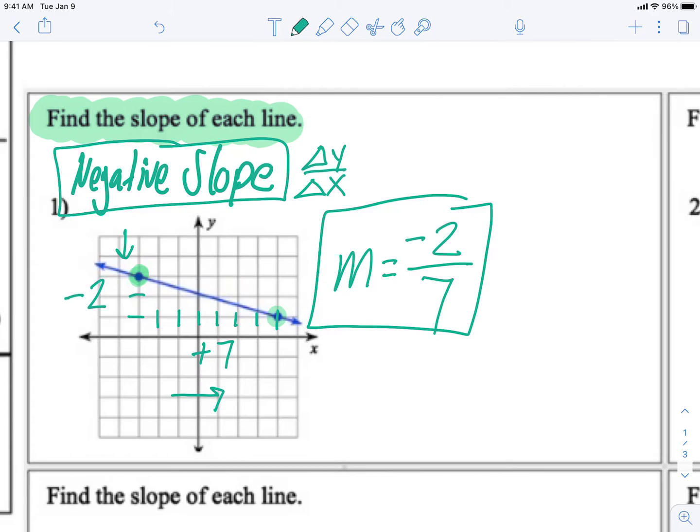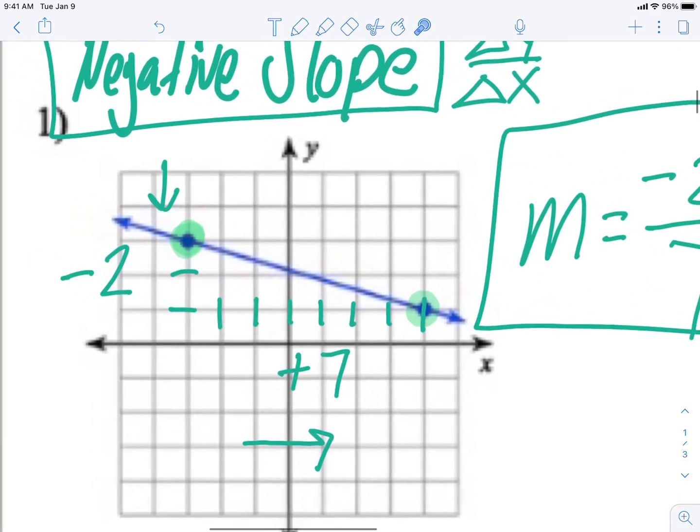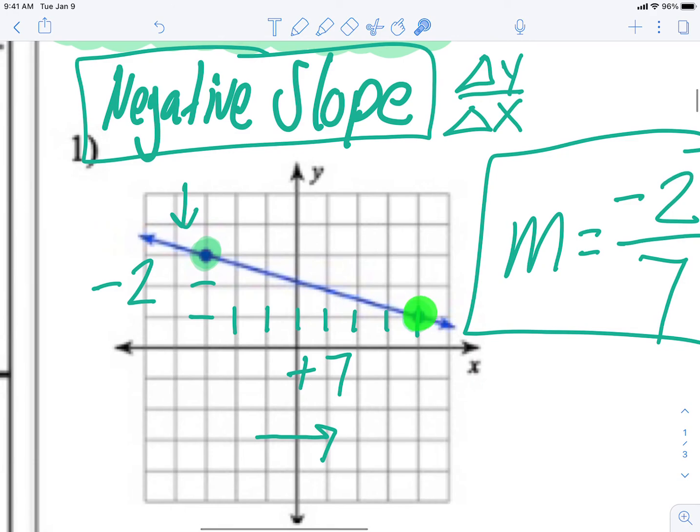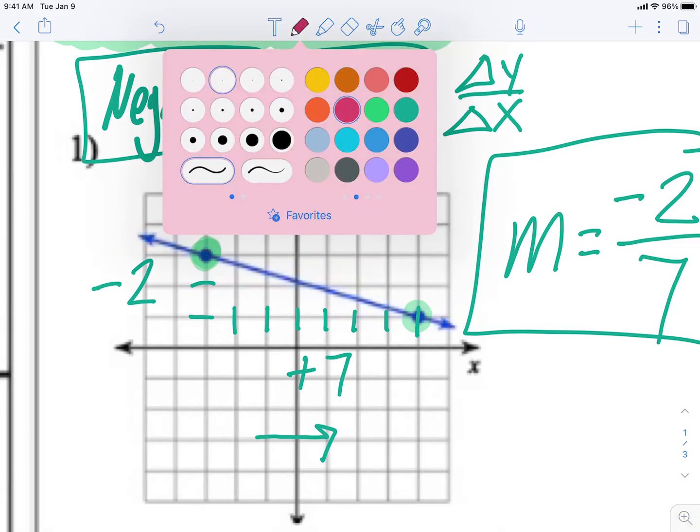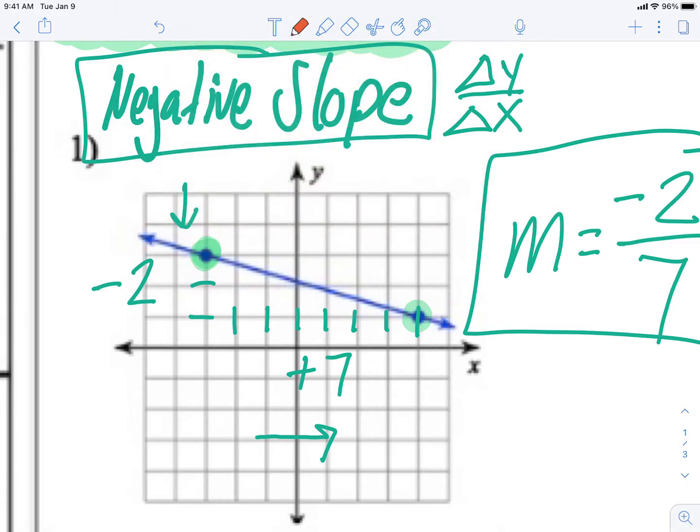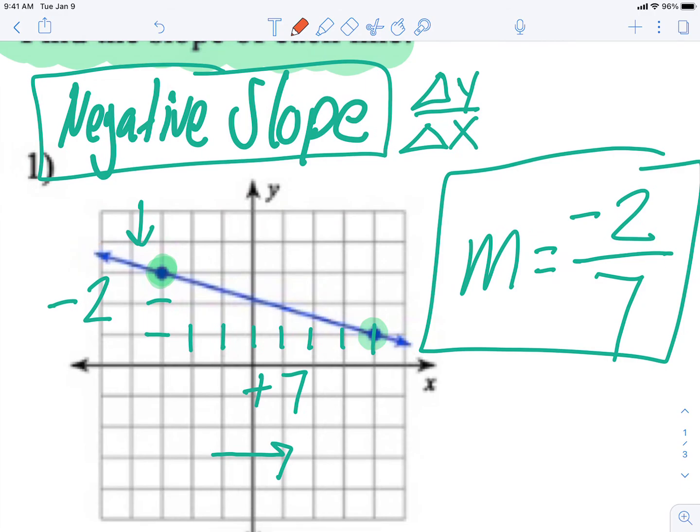Right? Now, I bet a lot of you were wondering, Mister, what if we started here and we went to that one? Well, let's try it out. Let me change colors here. Let's say I'm going to start here, and I want to go up to that one there. Okay? Well, remember, delta y first means up or down. So to get from here to here, I have to go up.